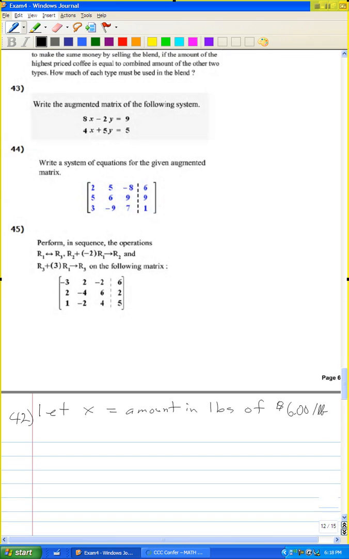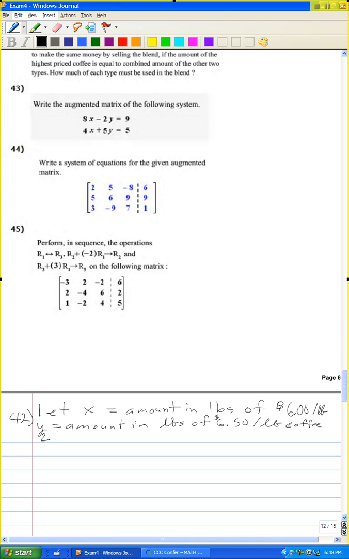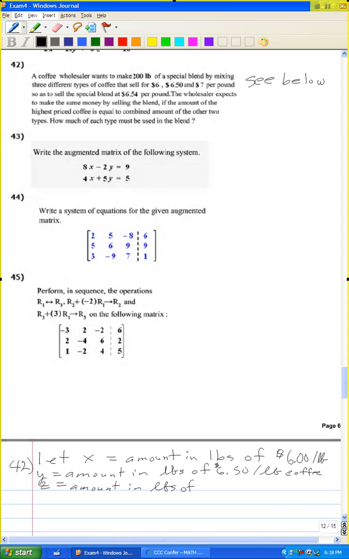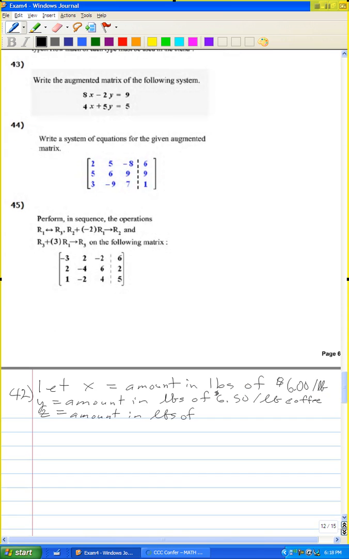Y be the amount of the $6.50 per pound coffee, and Z be the amount in pounds of the $7 per pound coffee.